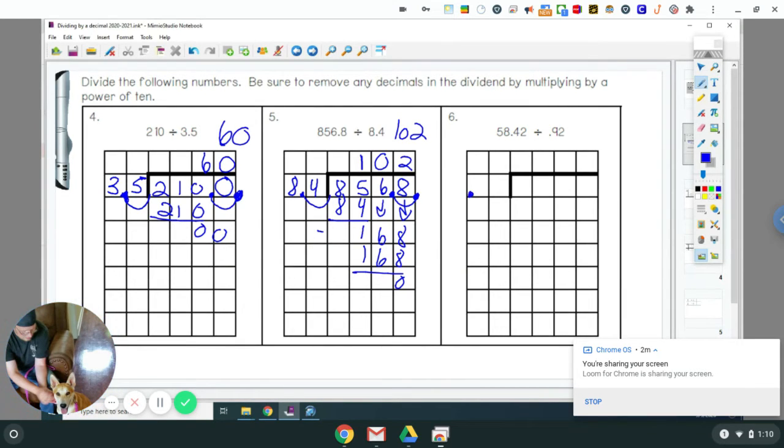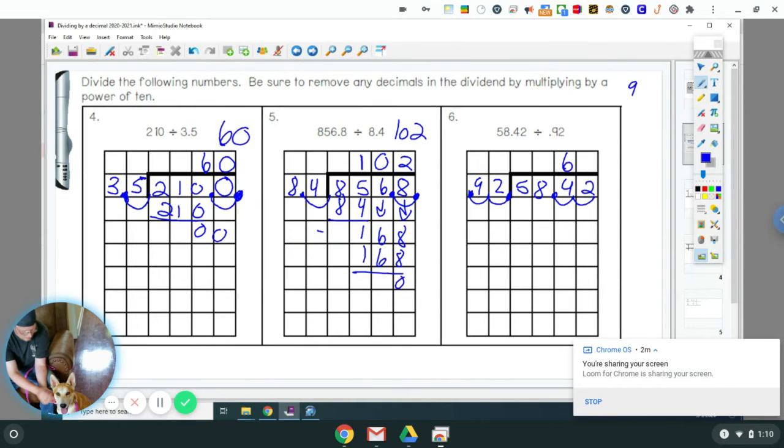You're going to divide 0.92 into 58.42. This time, this has 2 decimals on the outside, so you're going to have to move it twice. So you're going to have 1, 2. And since I moved it twice on the outside, I'm going to move it twice on the inside. So 92 goes into 584 6 times.